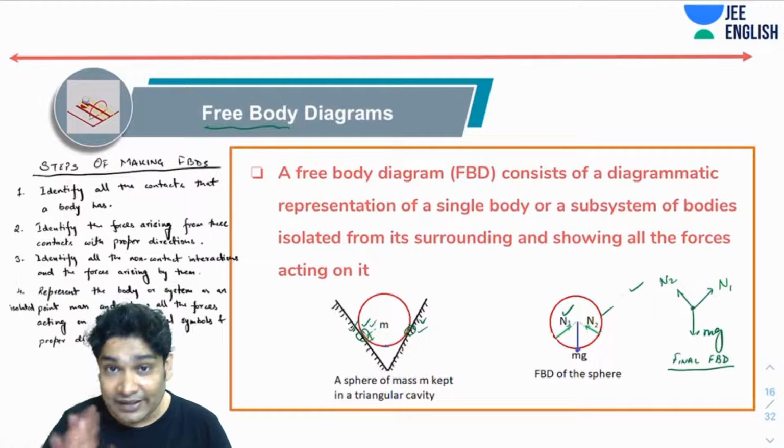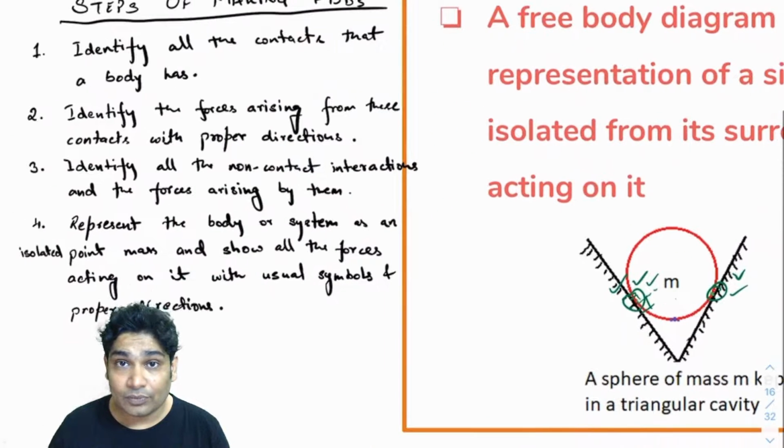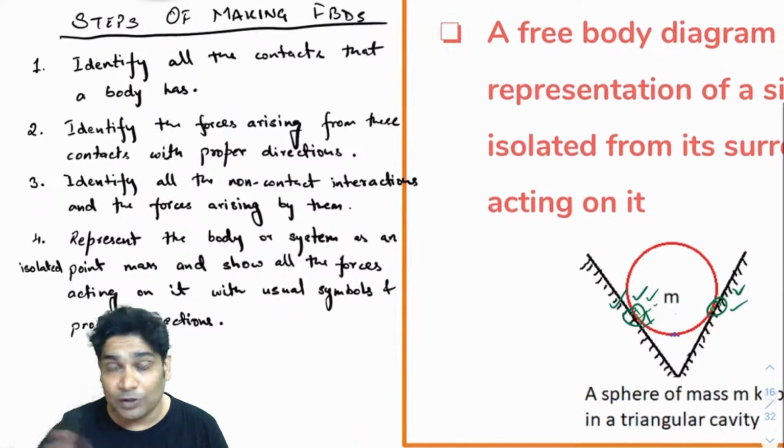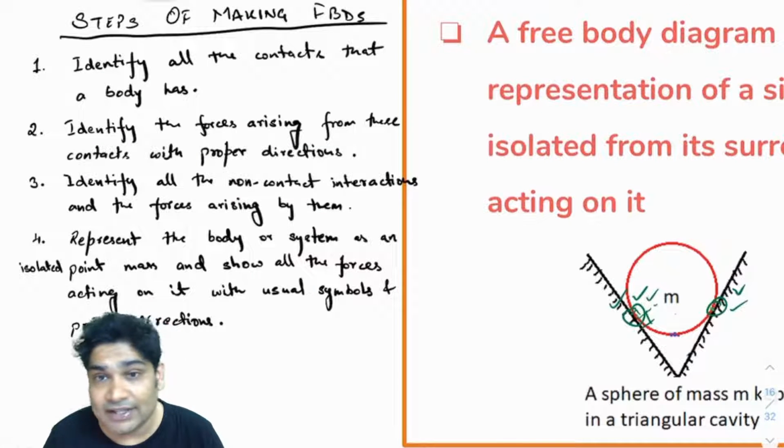Okay, please note down all these steps, and this is what you will follow while making your FBDs. I'm giving you 1 minute to note down all these steps, so hurry up. And we will see the use, Mahendra.